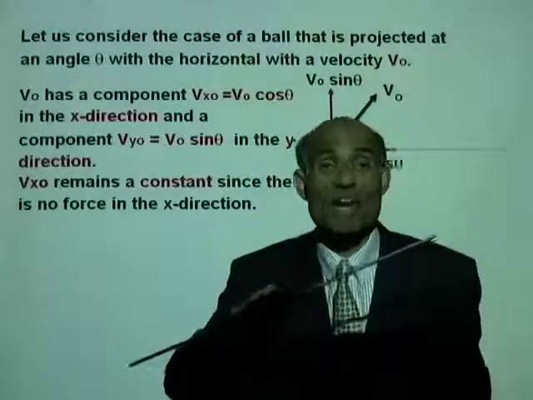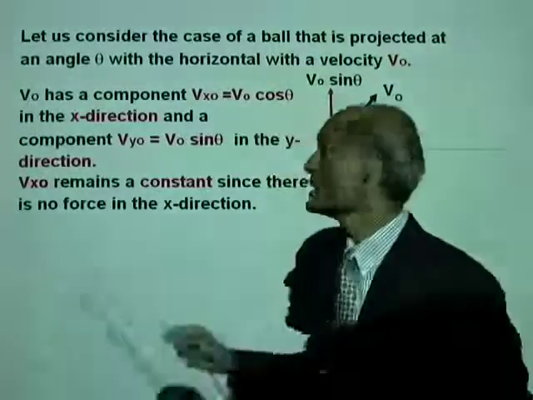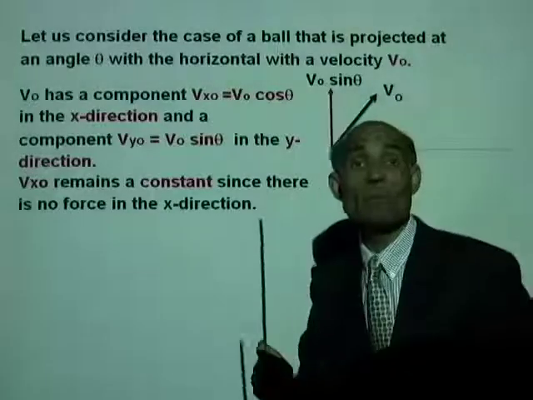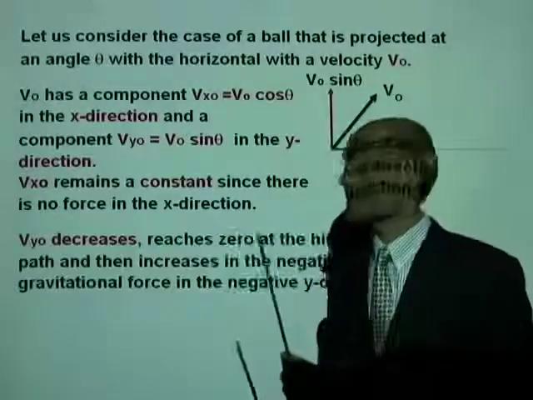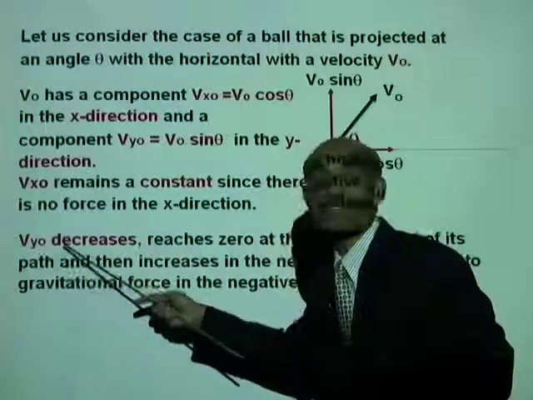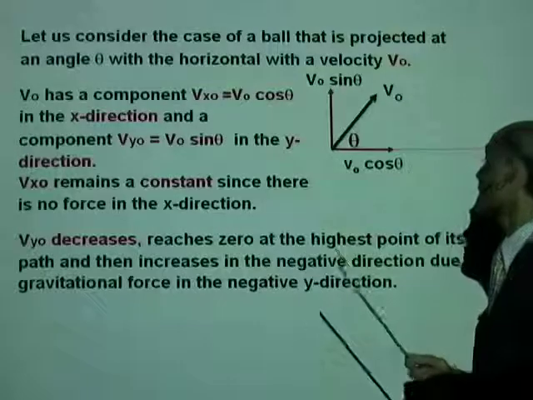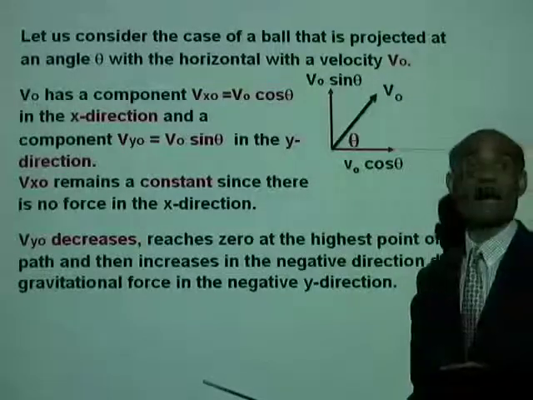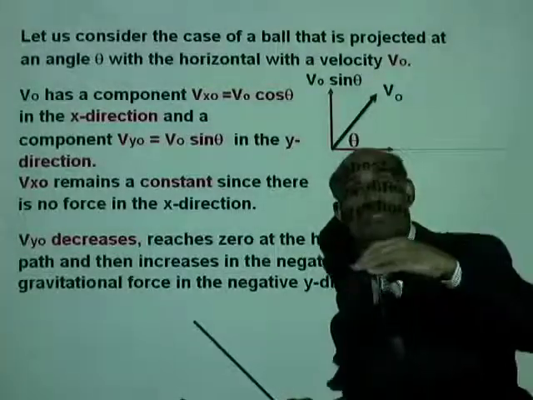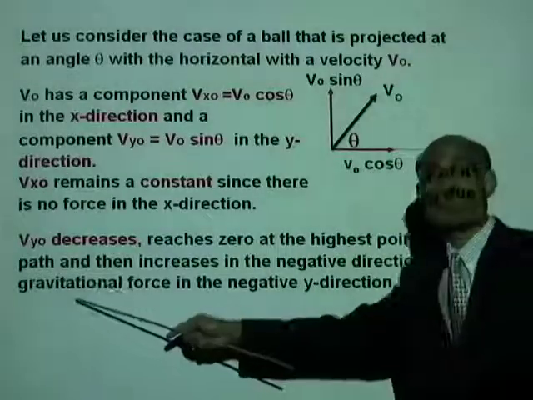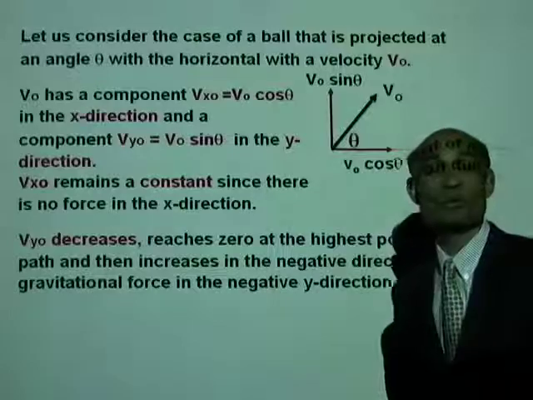Therefore, you cannot have an acceleration. The x velocity v0 cos theta remains a constant. vy decreases, reaches 0 at the highest point of its path, and then increases in the negative direction because of the gravitational force on it.